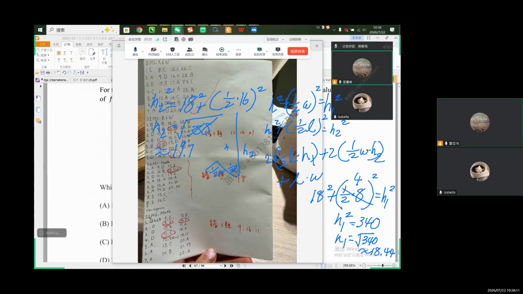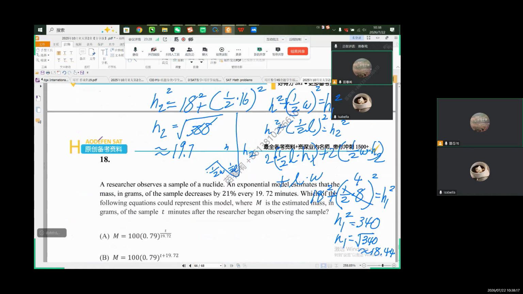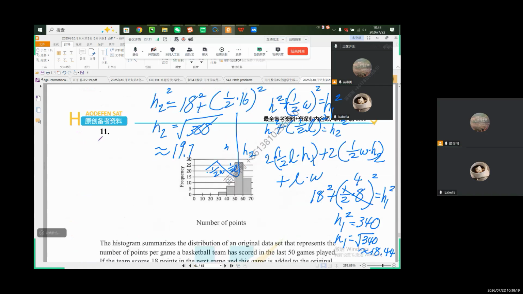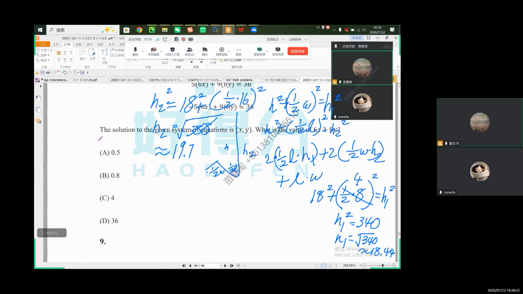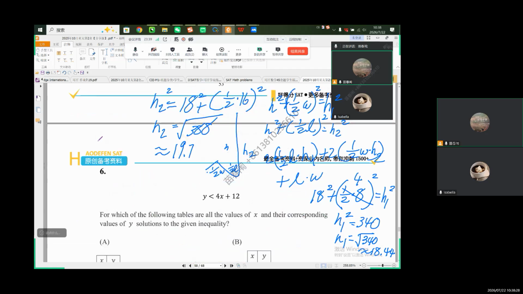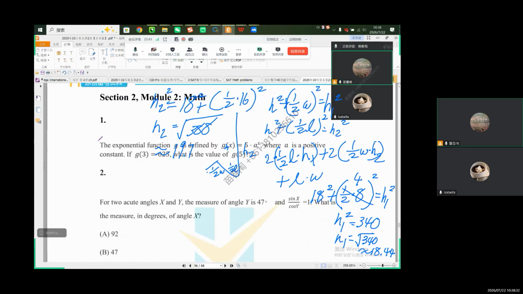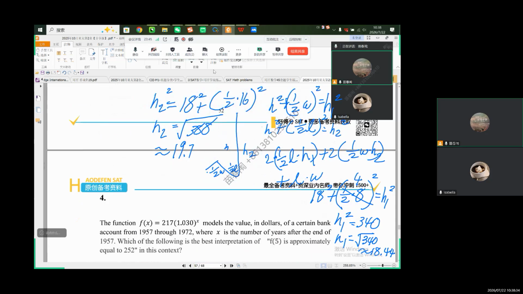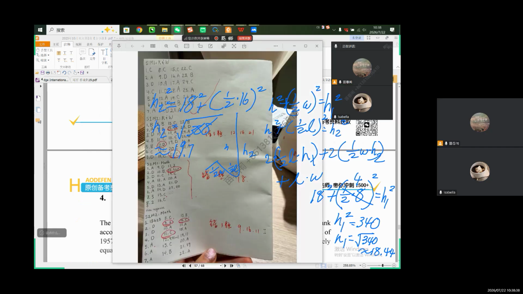Next one is 9. Oh, it's the other one, the other section. Wait, is it this? No. First is the one. Oh, it is this. 9, 11, 13.